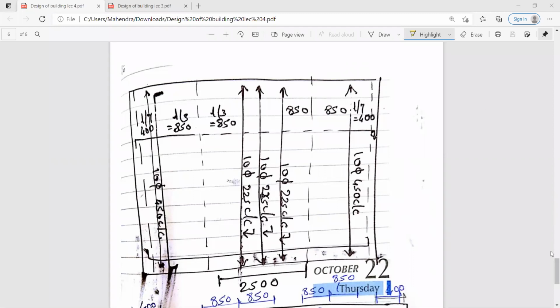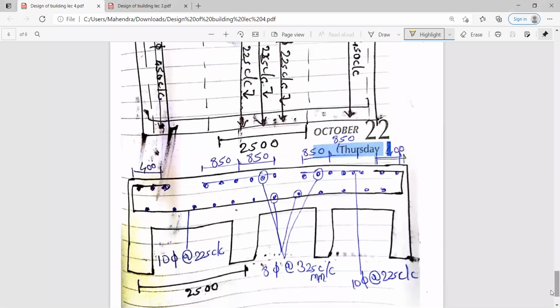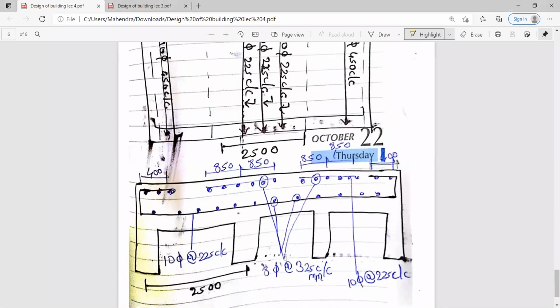And see over here, again different reinforcement is being provided. Like you have seen, 10.5 at the rate of 225 mm center to center is this one reinforcement. And here also you are provided 10 mm diameter bars at a spacing of 225 mm center to center.